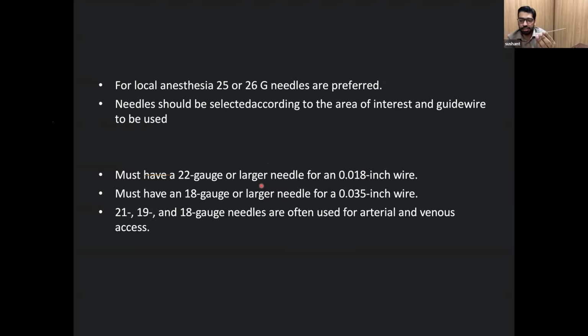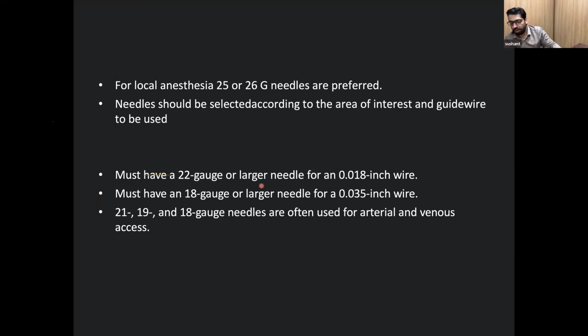So if this is a 17 gauge needle, I know that this 17 gauge needle will accept 0.035, 0.038 inch of the wire. So what I have with me is a 0.035-inch wire. So this wire is now compatible to go inside this needle. So if this is compatible, then only the procedure can be completed as we can slide in this catheter.